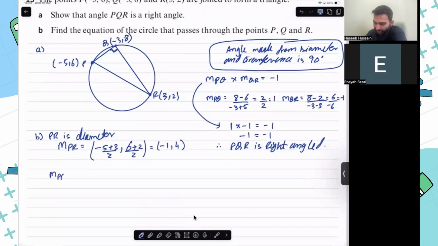And the gradient of PR is (y2 - y1) over (x2 - x1), 4 over -8, which is -1/2.